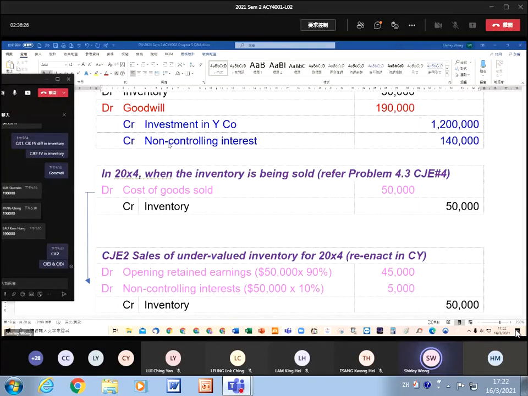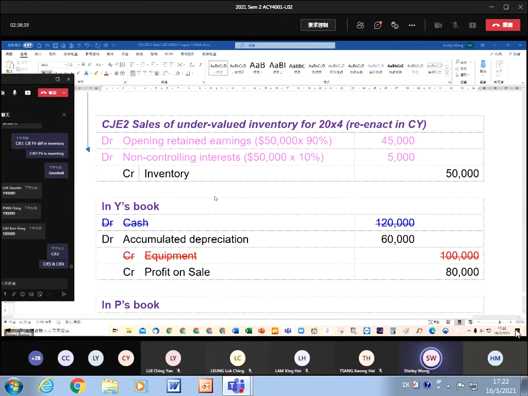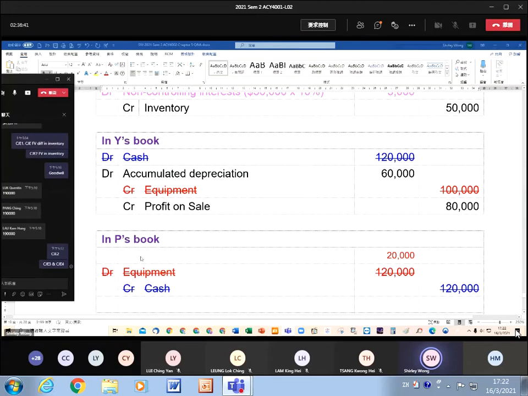Okay, so let's check CJE number 3. It is to reverse the profit. You do not need to calculate the profit because the question already provides the profit. Usually I will write down the original entry and then think about the adjusting entry. In Wise's book, when it sells the equipment, it will credit equipment 100,000 and debit accumulated depreciation.